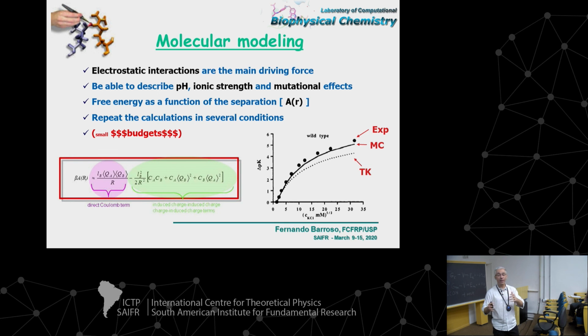If you remember, I mentioned in my second talk that the key difference between computational chemistry, computational physics, and bioinformatics is probably that we need to put this on a large scale, right? And on a large scale, it means that I should be able to repeat the calculations for different experimental conditions or different mutations. So we have to keep in mind that I need this.